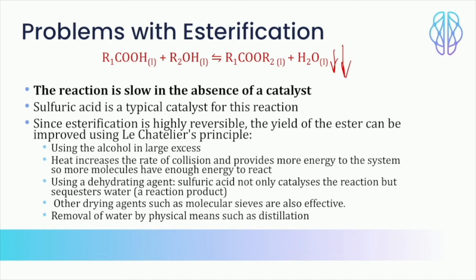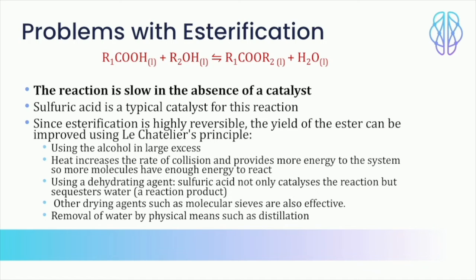The system is going to resist this change by shifting in a direction that counteracts it, right? So it's going to shift in a way to increase the amount of water. So it's going to shift from left to right. As a byproduct for increasing the amount of water, we're also going to cheekily get more ester, so maximize our yield.